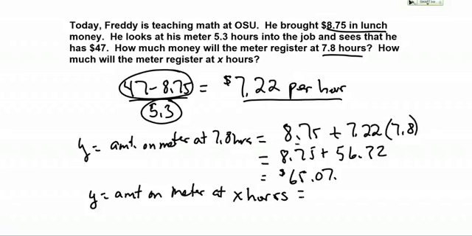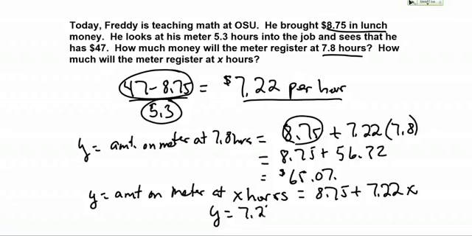So in this case, we still have the $8.75 that he has to start with. And then we're going to have x copies of $7.22 for each one of those hours that goes by. So that's going to be 7.22 times x. Or, using the commutative property, switching things around, y would be $7.22x plus $8.75.